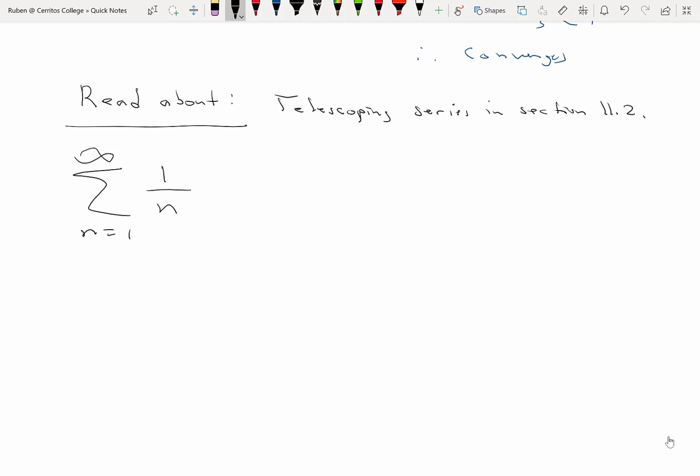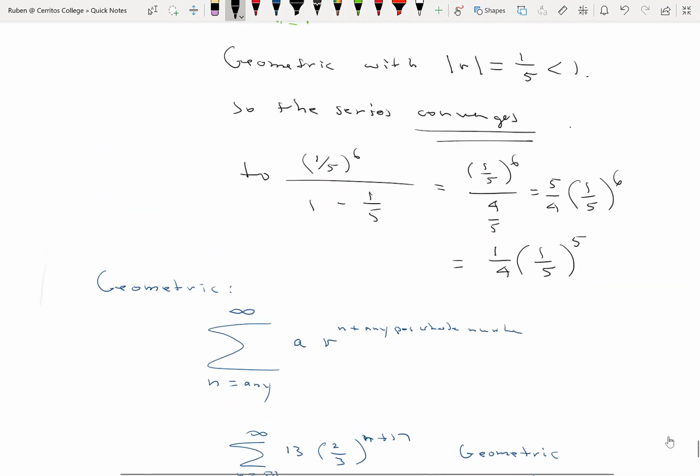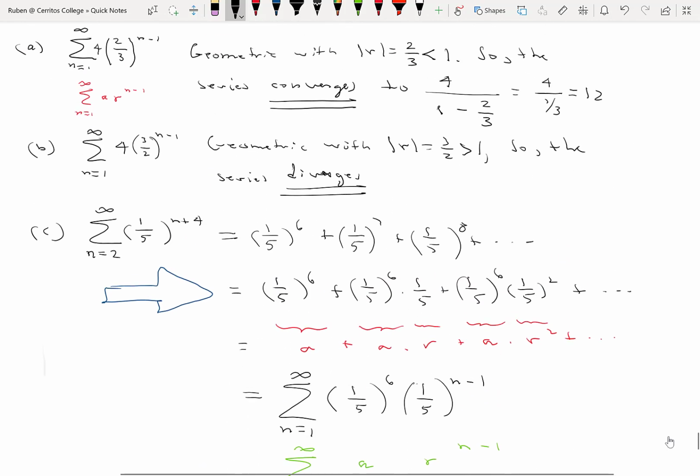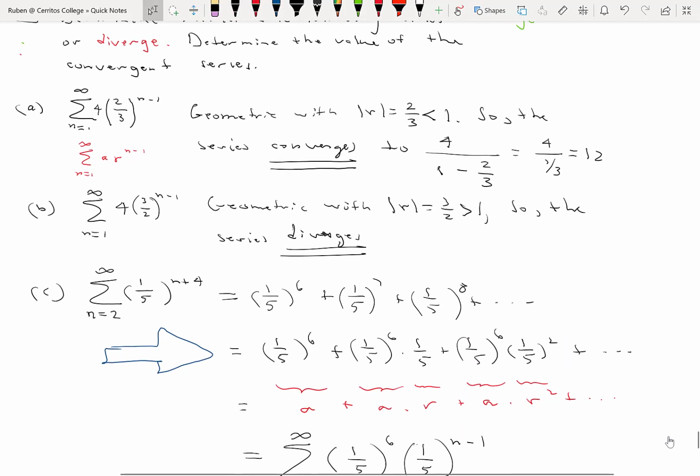So specifically, if we look back at a few minutes ago, that example that we just looked at, part A, determine whether that series converges. You will encounter a series of that sort, and you will recognize that it's geometric, and then you will apply the theory regarding geometric series.